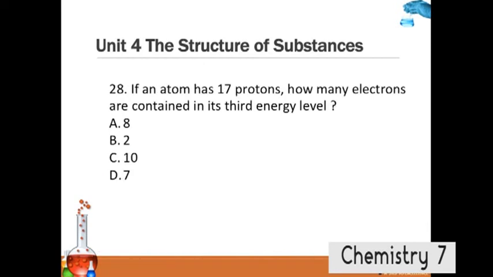If an atom has 17 protons, how many electrons are contained in its third energy level? 8, 2, 10, or 7?